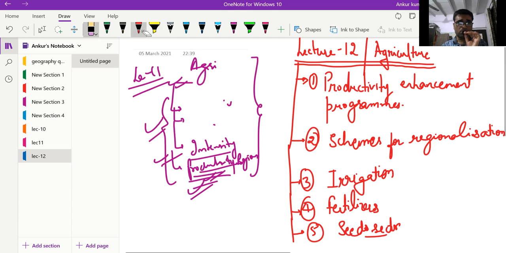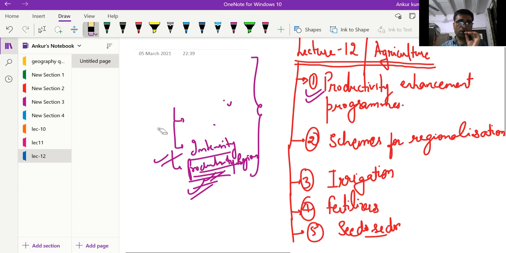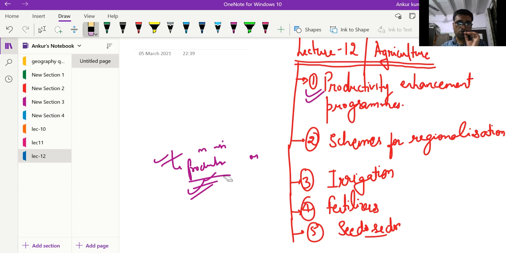Let us see. The second part of agriculture. First, we said that we will be covering the productivity enhancement programs. In the productivity enhancement programs, what we are going to cover first is the green revolution.